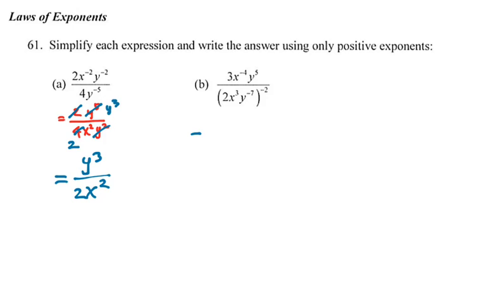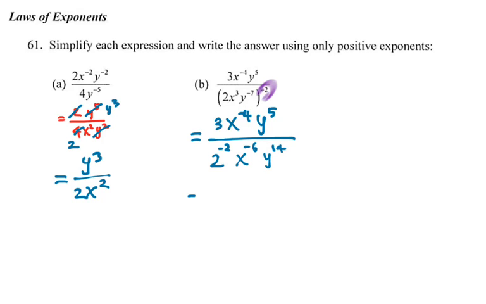So one of the easiest things is to distribute this exponent, negative 2, to each term on the denominator, or each factor rather. Once you do that, I'm going to copy down the top as it is, and then the bottom, instead of 2, we get 2 to the negative 2 power, x to the negative 6 power, and y to the 14th power.